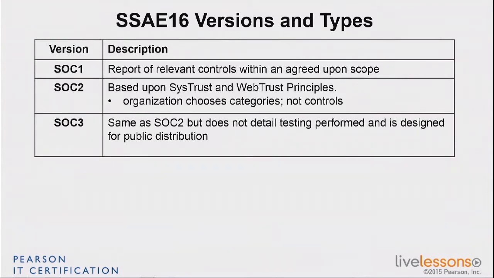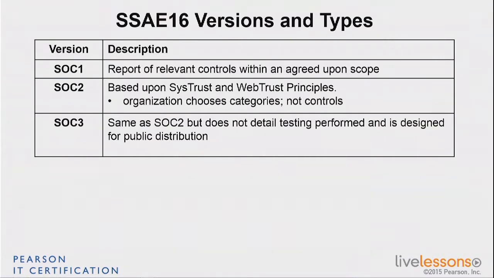There are multiple versions of an SSAE 16 and two different types. The three versions of an SSAE 16 are a SOC 1, a SOC 2, and a SOC 3, and there are significant differences between all three. SOC 1 is a report of relevant controls within an agreed-upon scope. And what's really key here is the words within an agreed-upon scope. The audit firm and the contracting organization agree which controls are going to be examined.